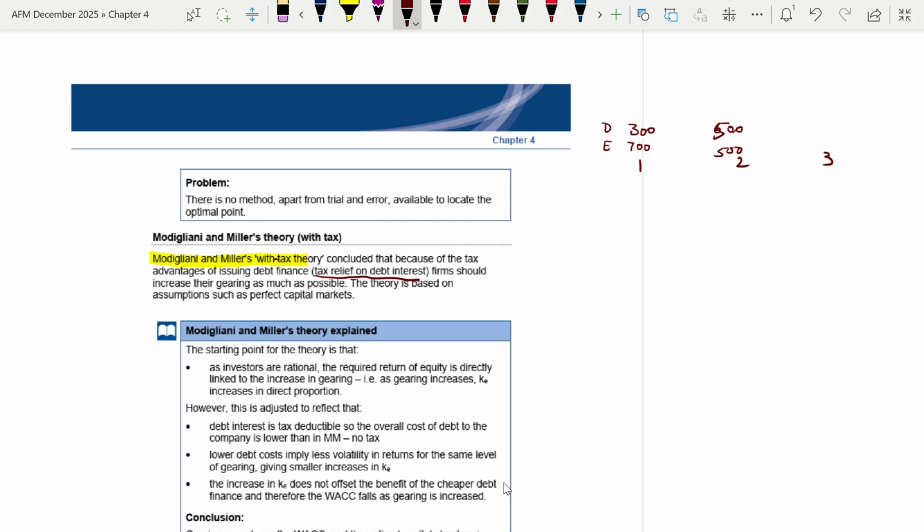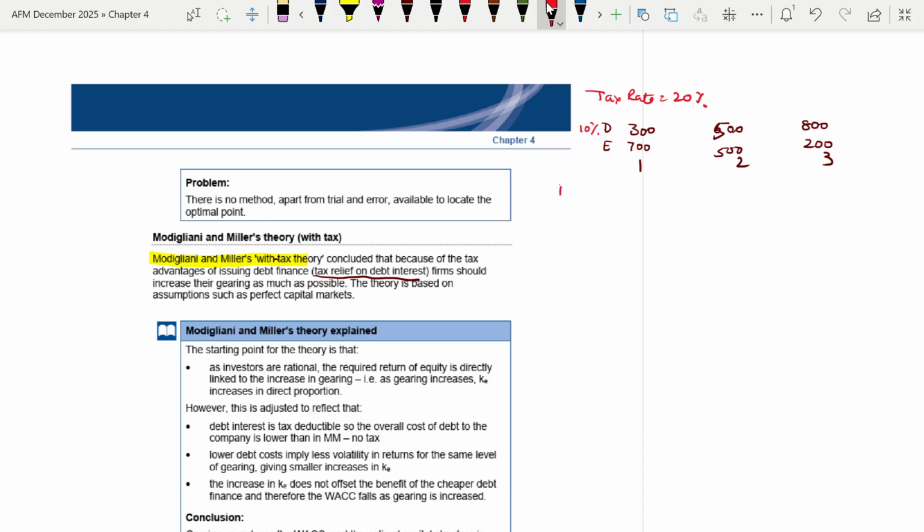Here the debt is 800 and equity is 200. We have an assumption: in all the cases, the interest rate on debt is 10%. The tax rate is 20% for our convenience.